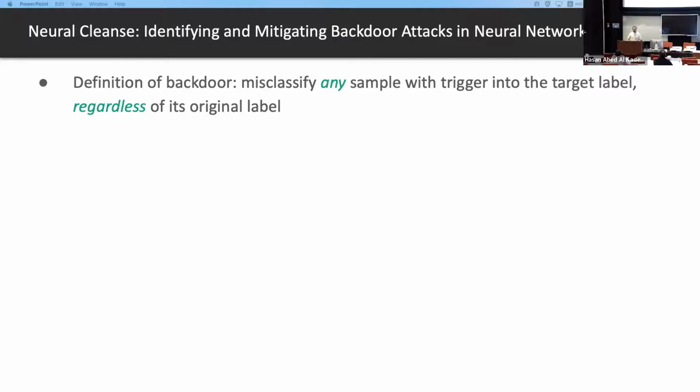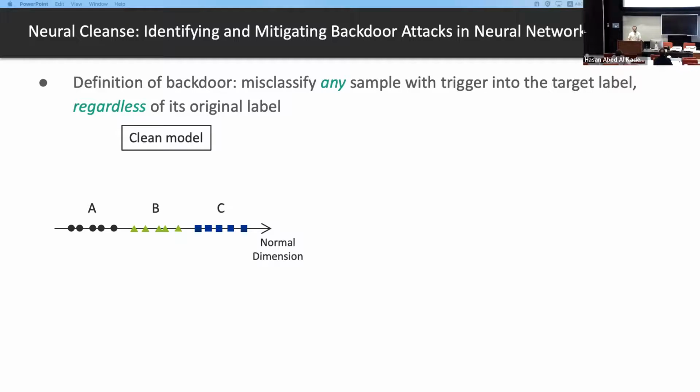So the definition of a backdoor just repeats. But now this is the main motivation of the work. They make a thought experiment. They cannot experiment with it physically or in simulation, but they have a thought experiment.